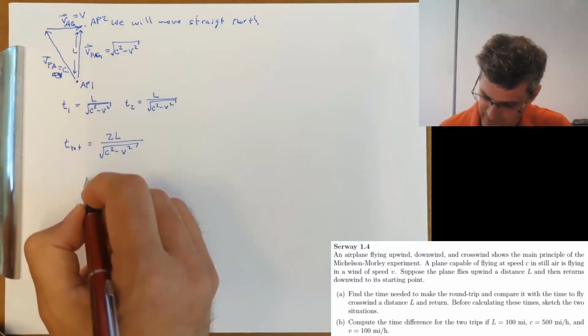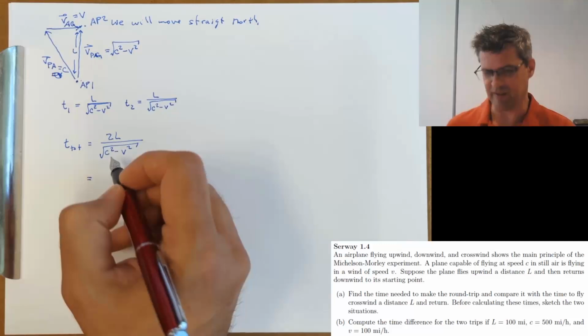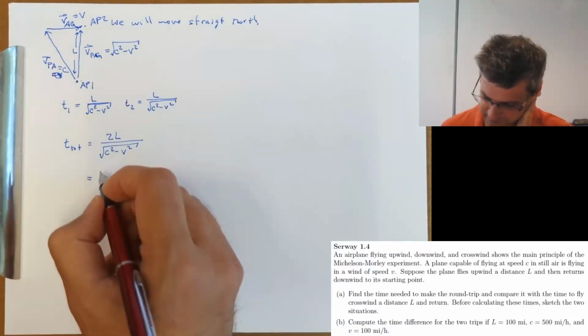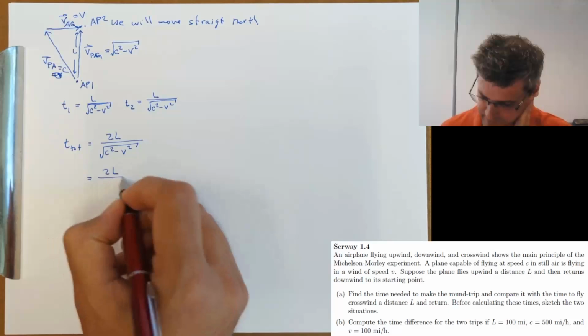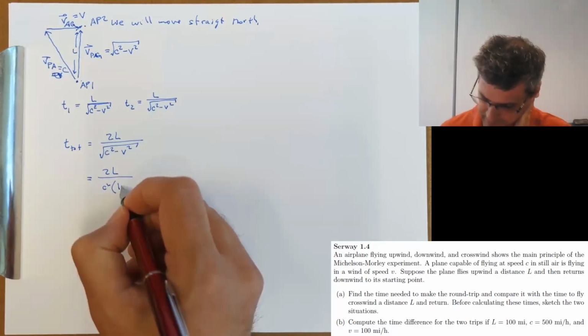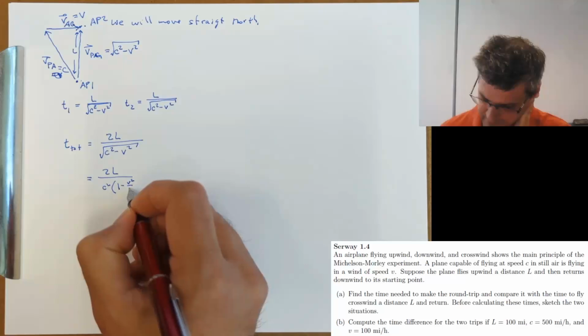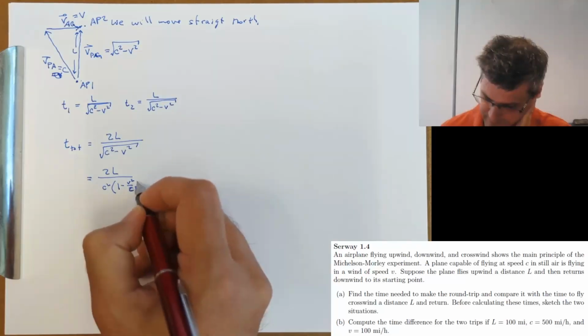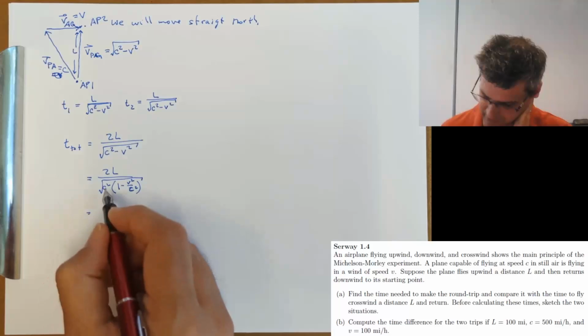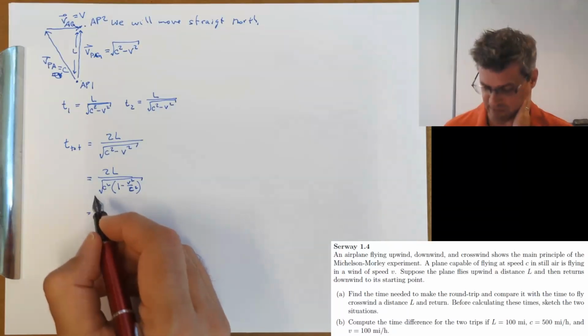Now I'm going to do one additional thing. I'm going to factor out a factor of c squared from this here, and then pull that c squared out of the argument of the square root.